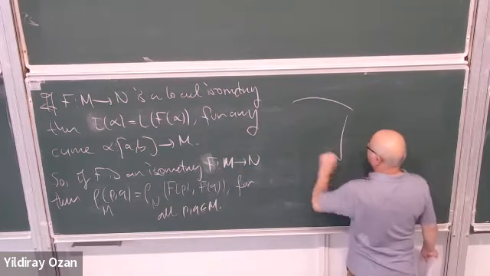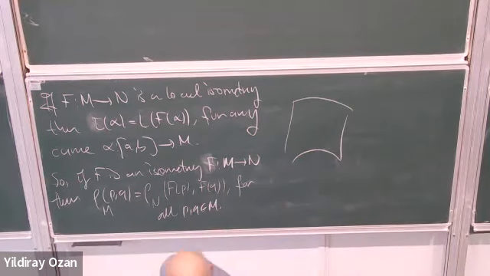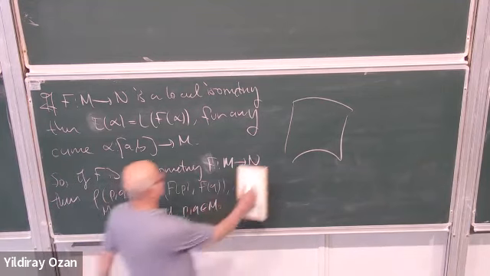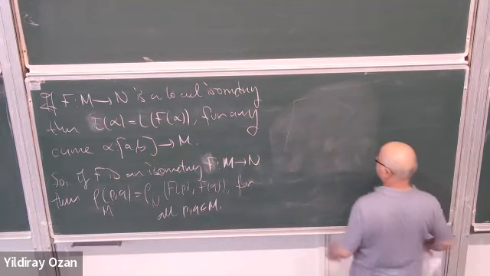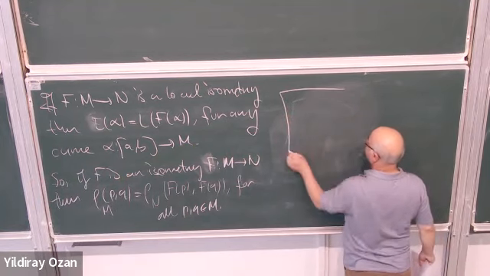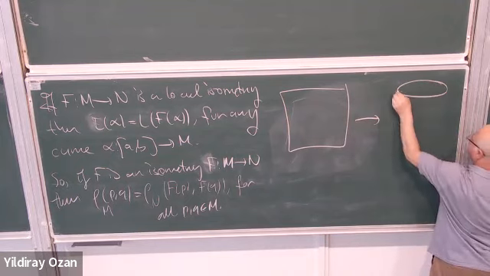Okay, so suppose you have one surface. Last time you have also seen that there is an isometry between the plane and the cylinder.